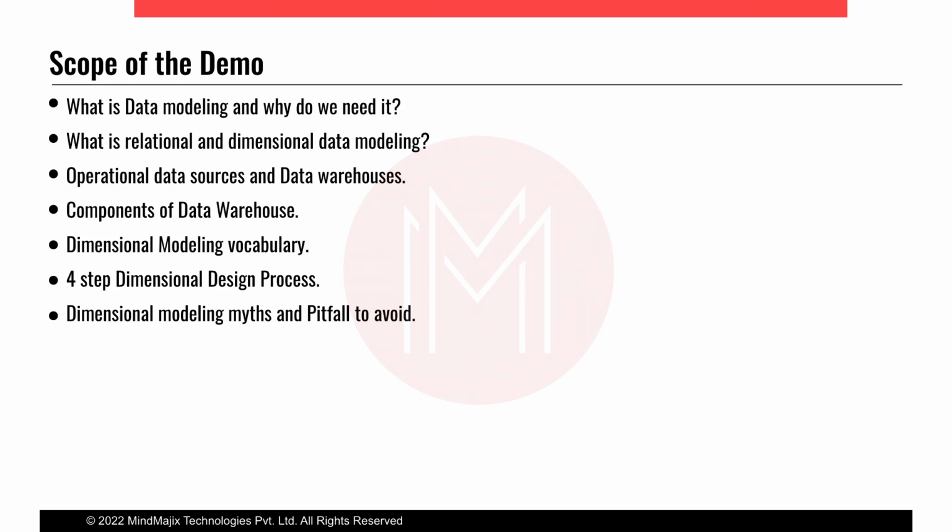Moving forward, there are a lot of types of data modeling that someone can do. But relational data modeling and dimensional data modeling are very crucial in any industry and are very famous. So, relational data modeling basically describes data in the form of how entities and attributes are related to each other.